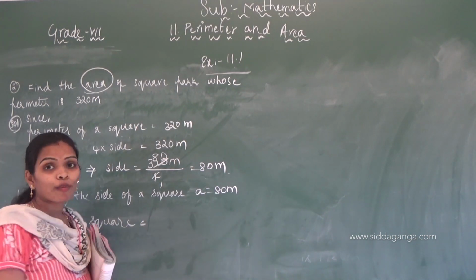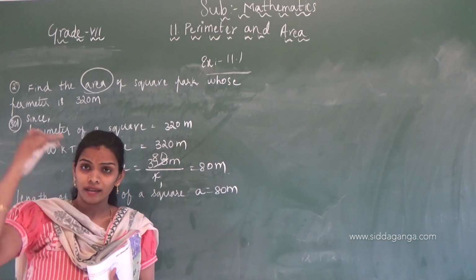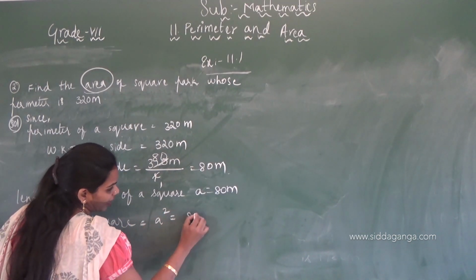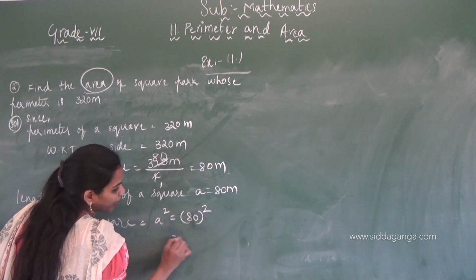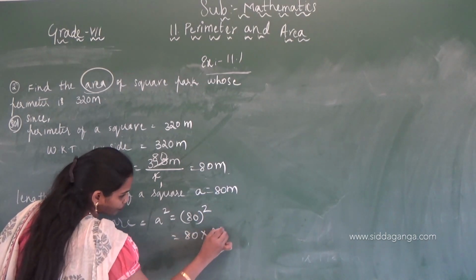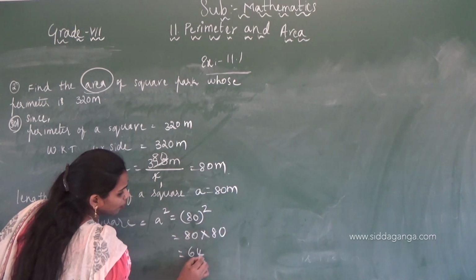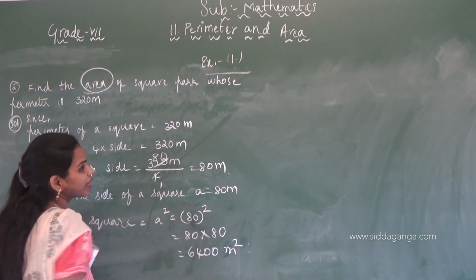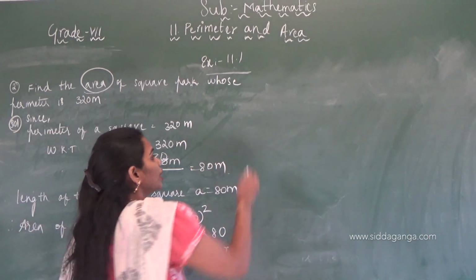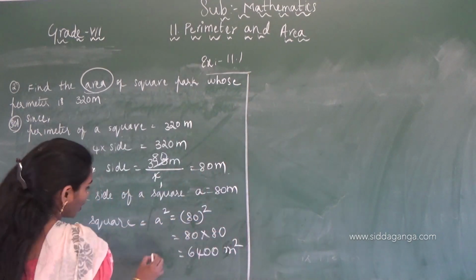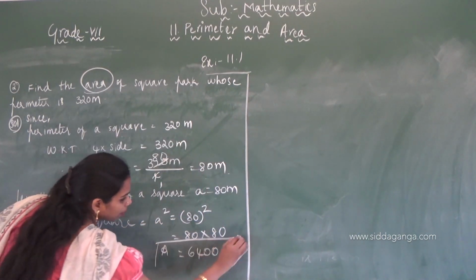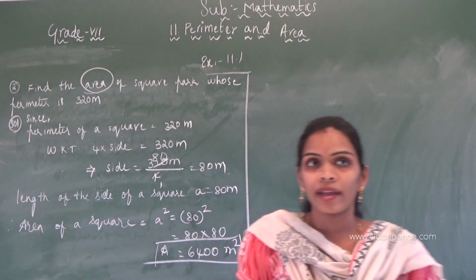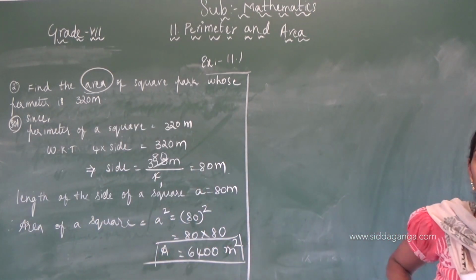What is the formula to find the area of a square? Side squared, a squared: 80 whole squared. 80 into 80, 8 8s are 64, then 00, so 6400 square meters. This will be the area of the square.